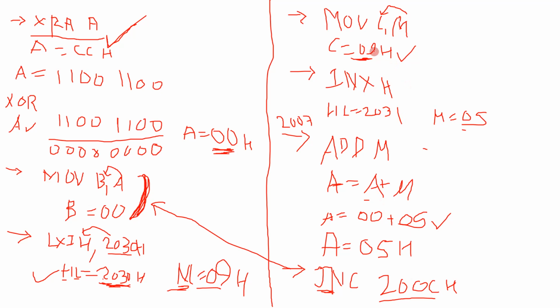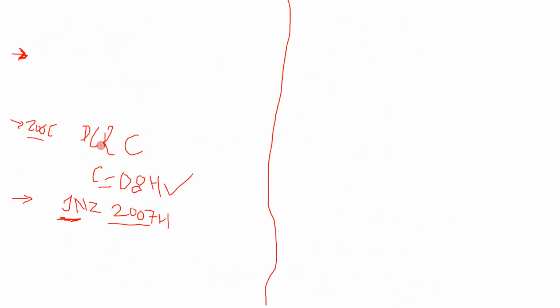That means the first addition is done, then C should be decremented, that's why there is DCR C. So C is decremented to 08. Is it equal to 0? When we decremented C, did it become 0? No, it didn't. So jump on not 0. If there is no 0, then jump to location 2007, which is satisfied.